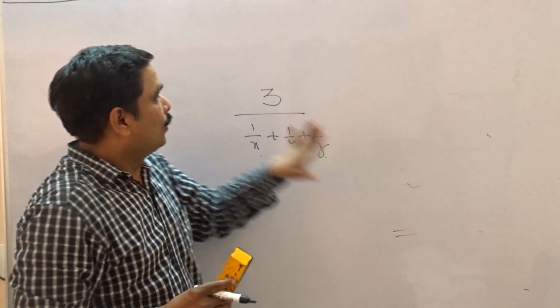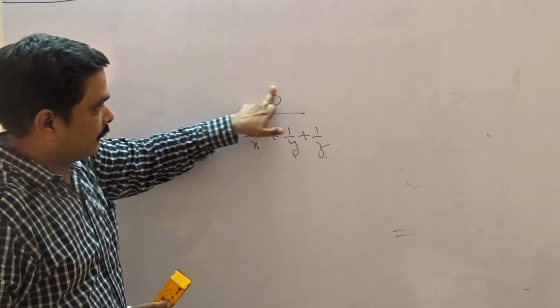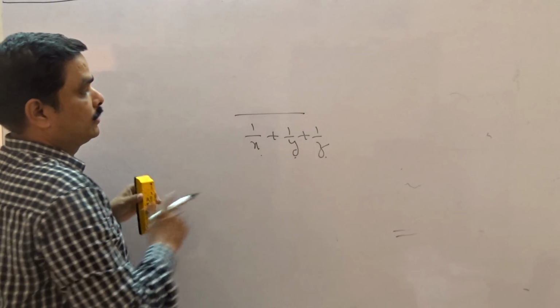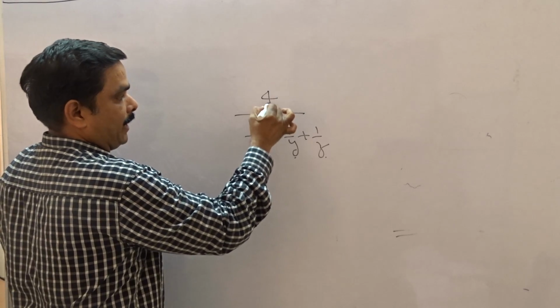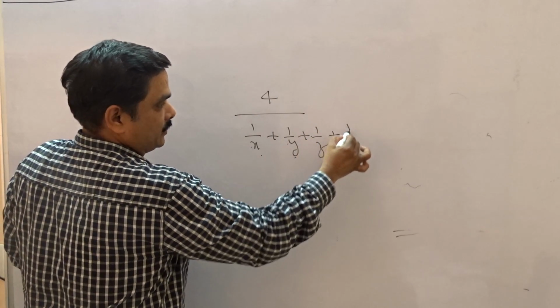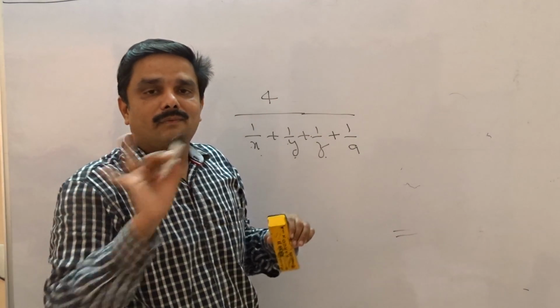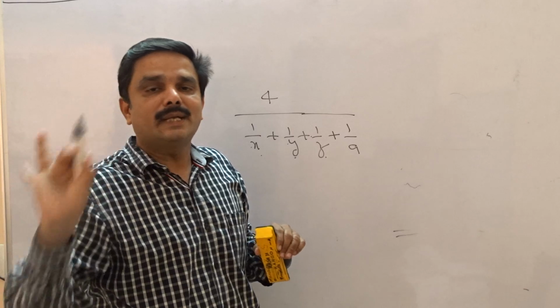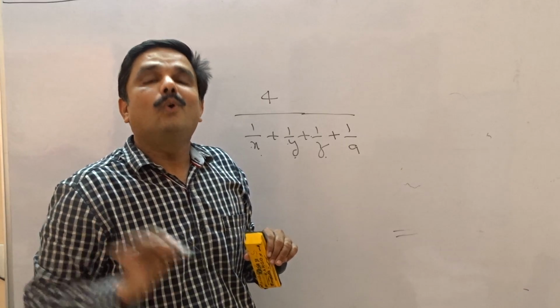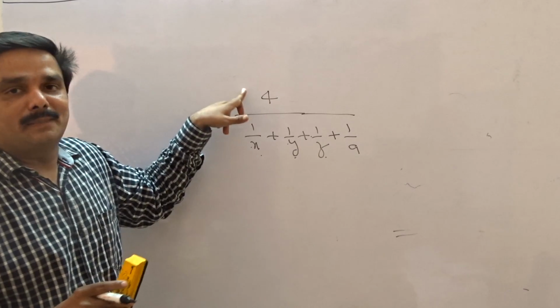Alright. So now, what if 4 equal parts are there? Simply do it this way: 4 divided by 1 by x, 1 by y, 1 by z, and the other speed 1 by a. You can get the perfect answer without calculating total distance and total time. Hope you understood this one and you can save some time in the examination.